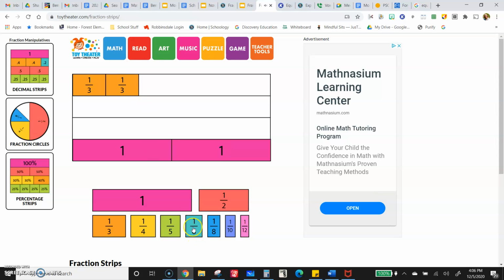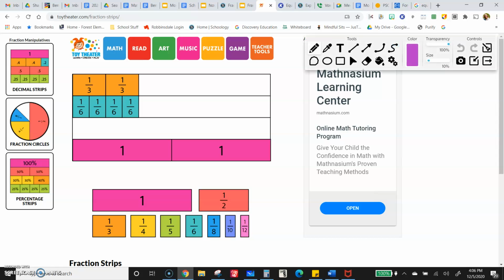And maybe I know it's 6. And I want to say, how many sixths is equal? Well, I can place them out. And I can say, if I have 2/3, that's equal to 4/6. So I can actually see it instead of just looking at the numbers. That can be helpful when you're trying to imagine what fractions mean, what they're like.